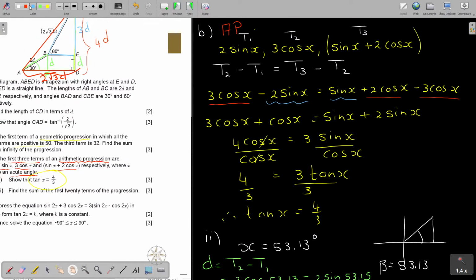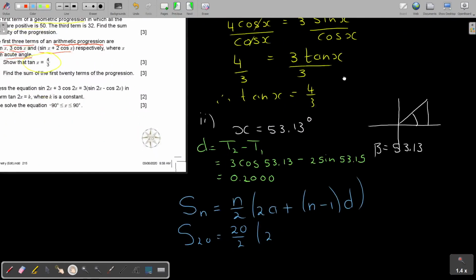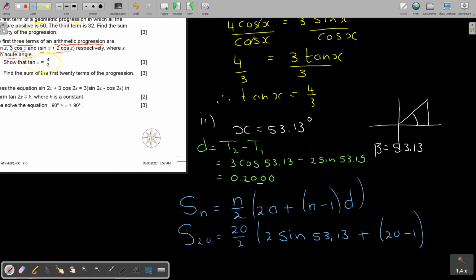There it is. Can I show you? 2 sin x. So go and say 2 sin x, but you have x now. So 2 sin 53.13 plus 20 minus 1, and then d is 0.2.